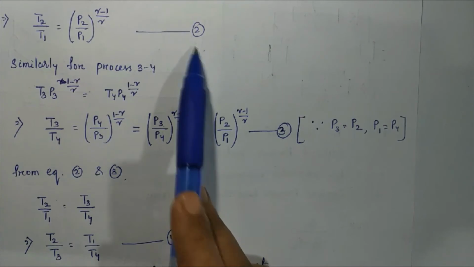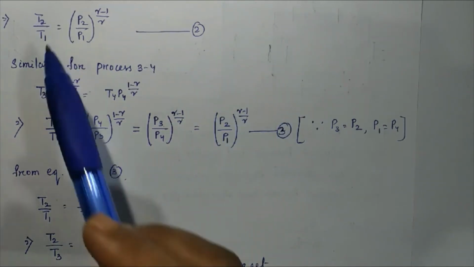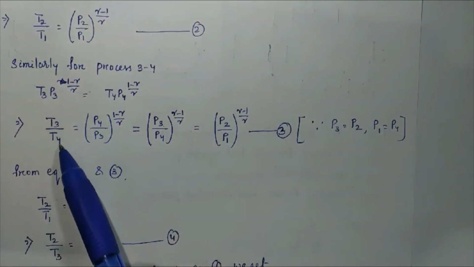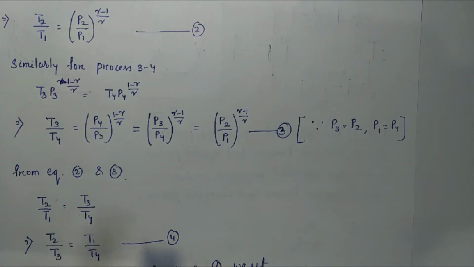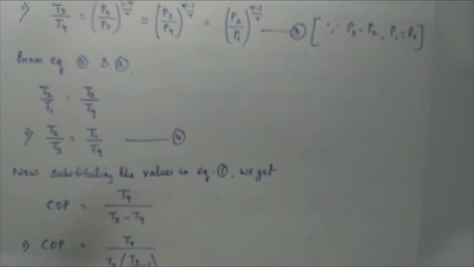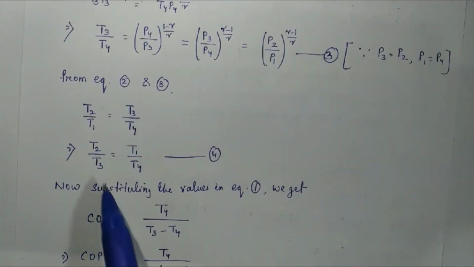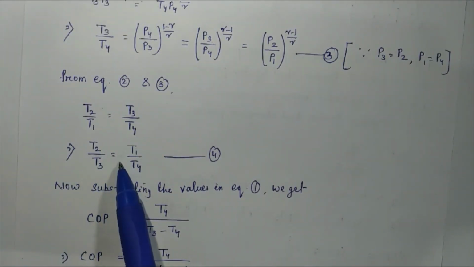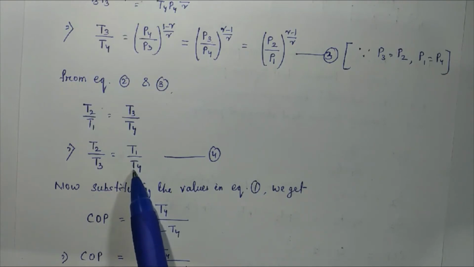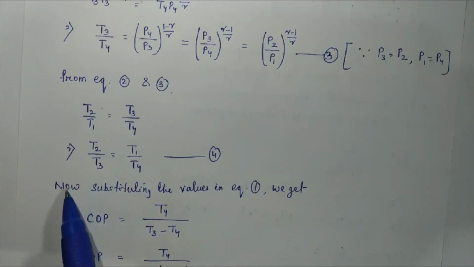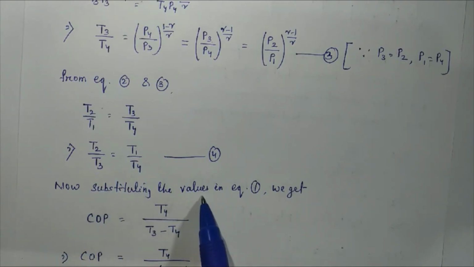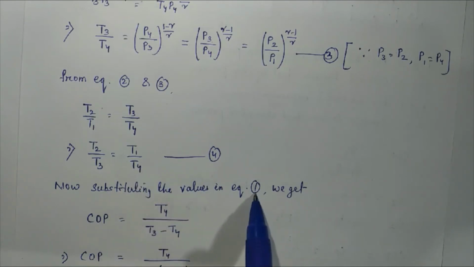So from equation 2 and 3, we can say that T2 by T1 is equal to T3 by T4. Now we rearrange this expression, that is T2 by T3 is equal to T1 by T4. Now we substitute this value in equation 1, that is in the expression of COP.